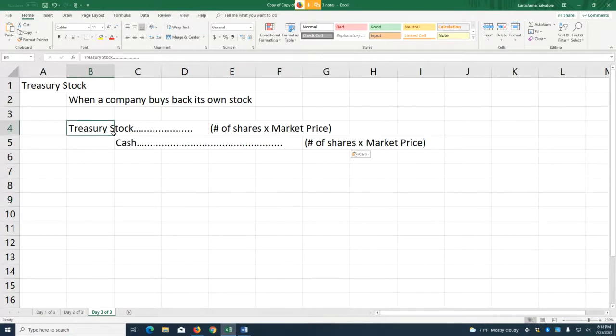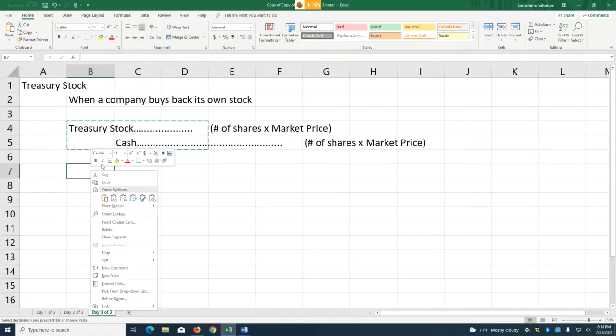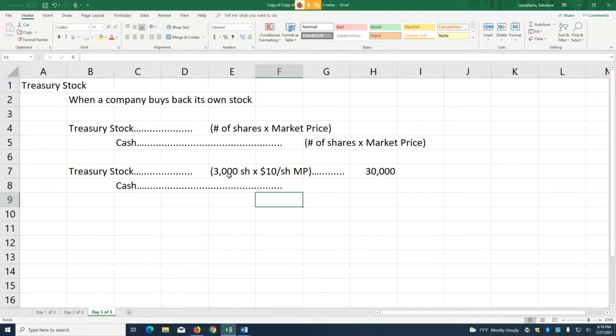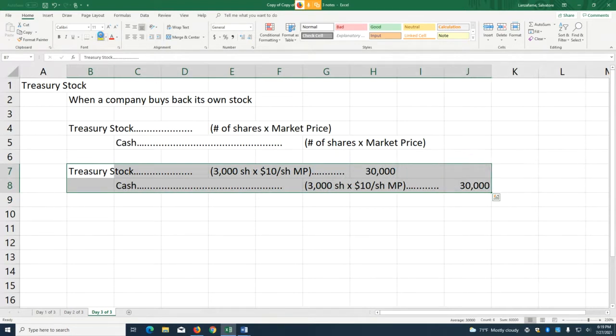So I'll repeat that this time with numbers. MP is short for market price. So that's what the journal entry looks like with the math shown.